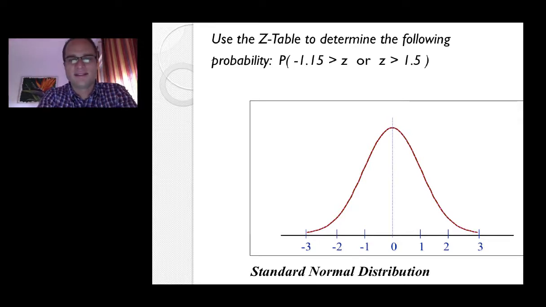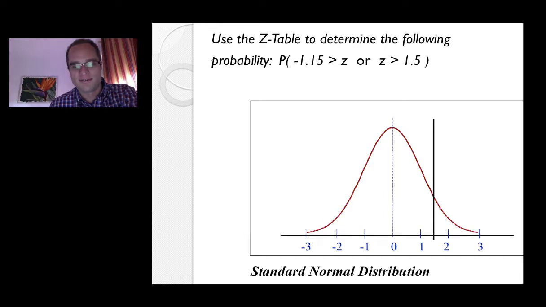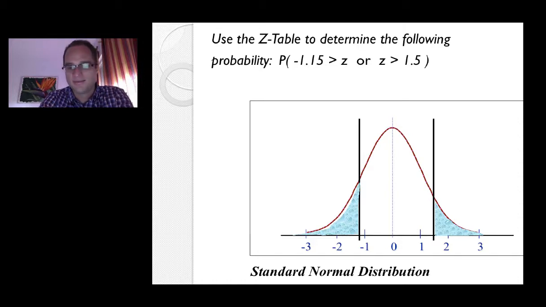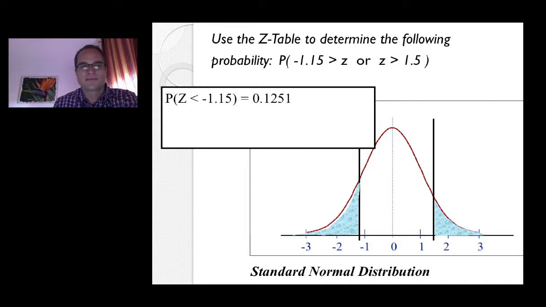One of the final examples we could use is an OR probability. So we're looking at two areas here. The probability that z is less than negative 1.15 or greater than 1.5, and I have my fancy bubbles in here shading these regions. But we're going to use the z-table in the same way. I look up negative 1.15 and I get 0.1251, and that is the answer to the left shaded region.